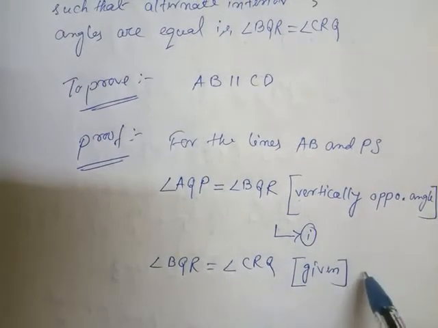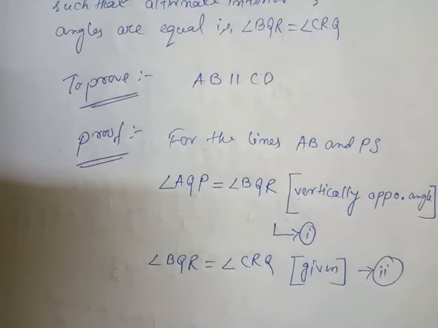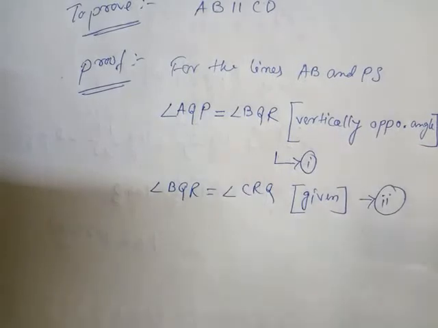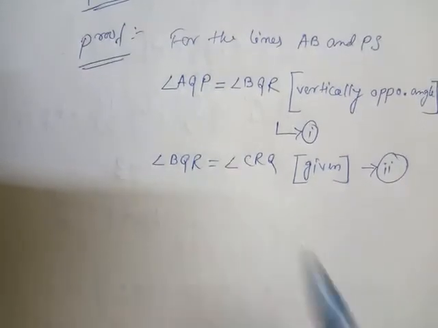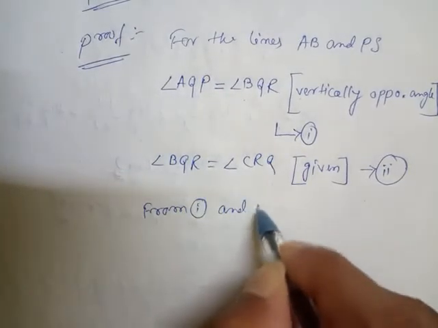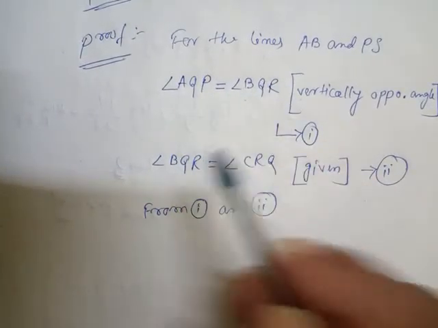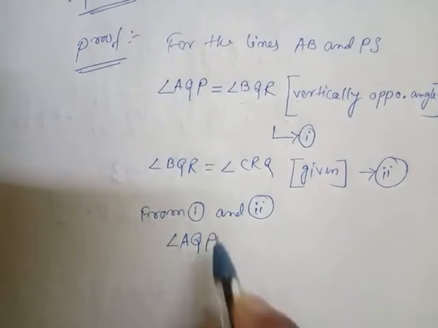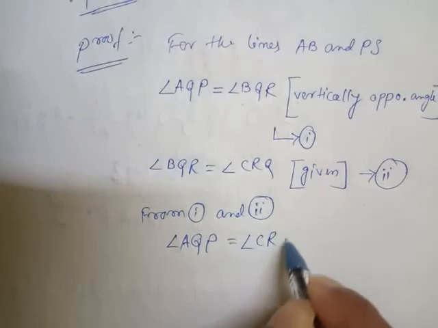We'll take this one as our equation number 2. Now look student, from equation 1 and 2, BQR is common, so we can say that from 1 and 2 these two are cancelled, so the remaining part would be angle AQP equal to angle CRQ.